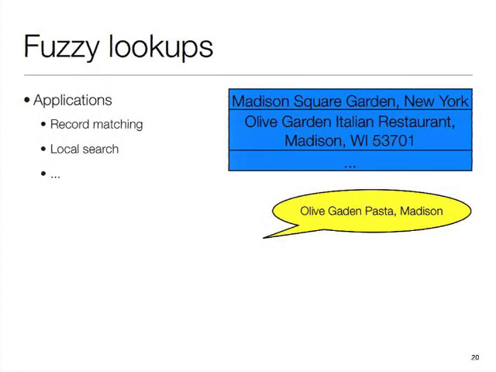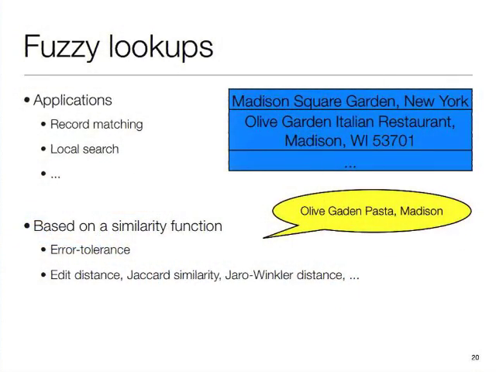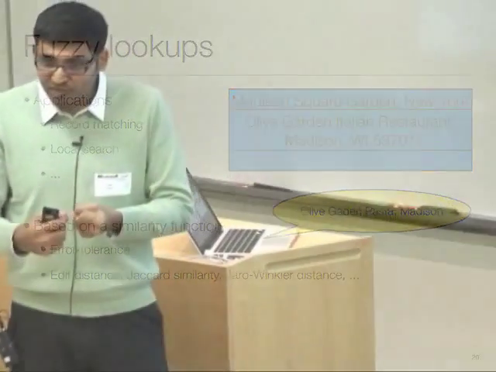Fuzzy lookups is the topic of this part of the talk. Our motivating applications were record matching and local search for fuzzy lookups. In general, fuzzy lookups are essentially based on a similarity function. So you have this large reference relation and you're trying to look up tuples which are similar to a target query.